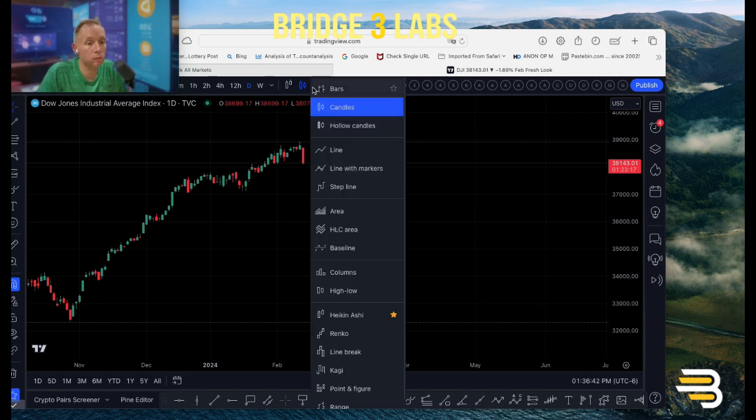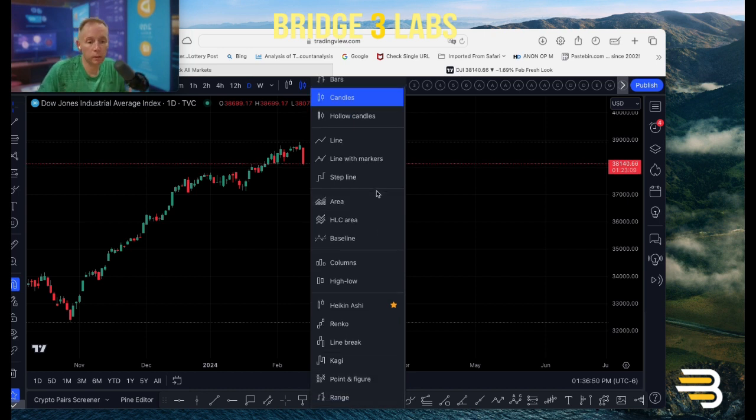So right here, when we're using TradingView or whatever charting platform you use, these are going to be your different types of candlesticks. At a certain point I'd like to start talking about Renko candles and use Renko candles, because I think there are some simple strategies behind that, even for beginners. But for the most part, you want to be using these candles here.